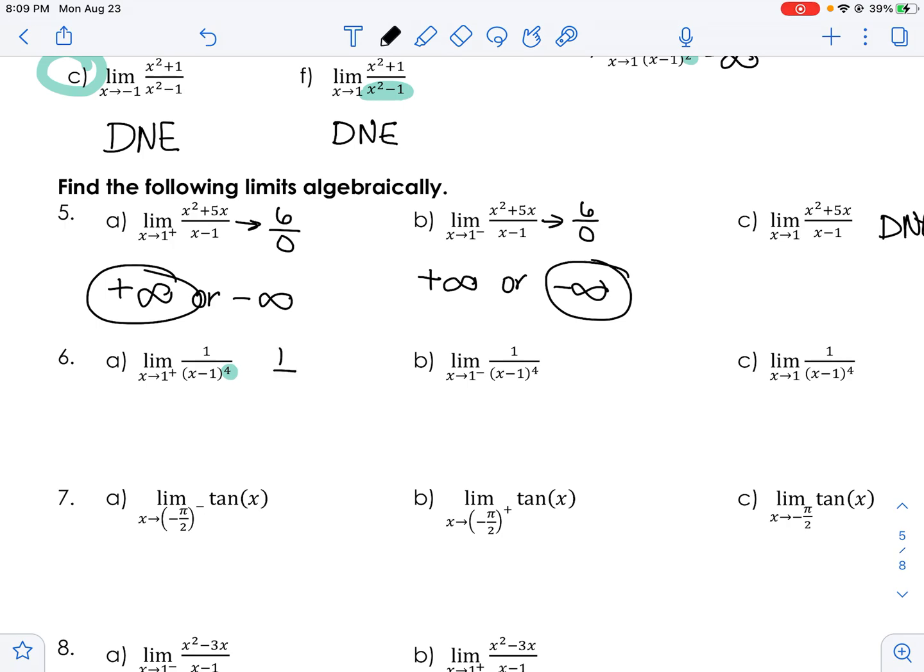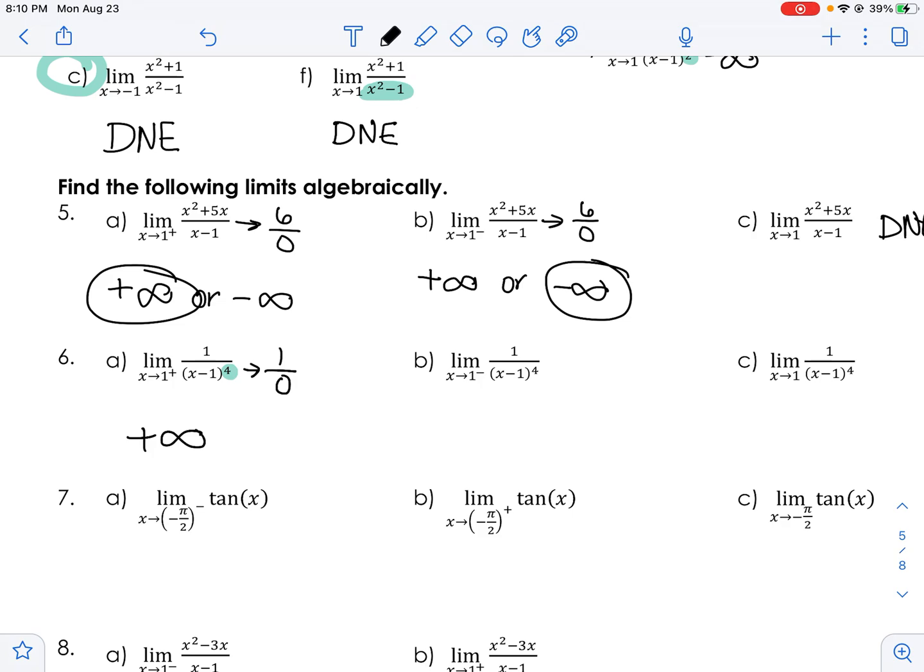Okay, but if I plug in 1, I get 1 over 0. So I'm going to plug in a number, 1.00001. I'm still going to get 1 on top. On the bottom, I am going to get a positive number. When I take it to the 4th power, it stays positive. So this is going towards positive infinity.